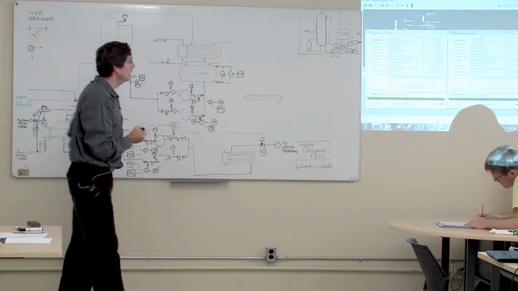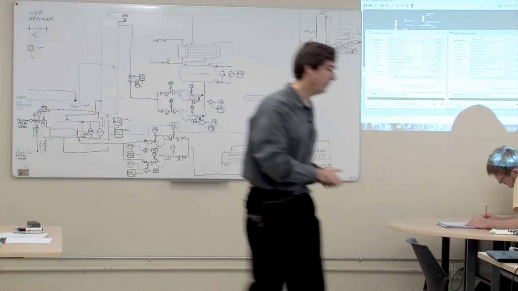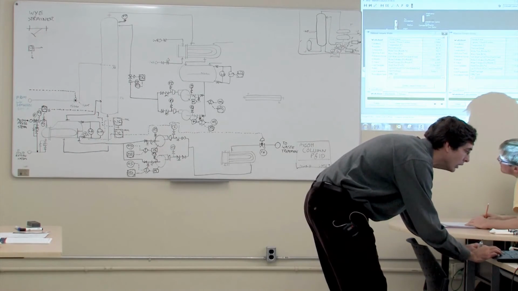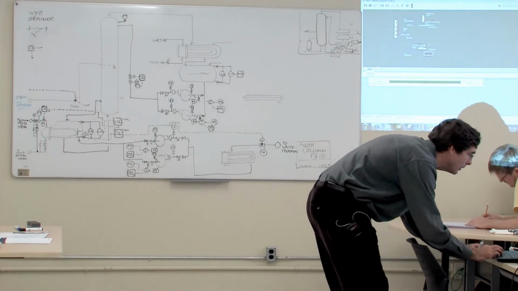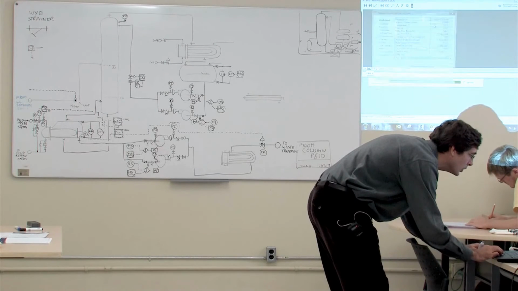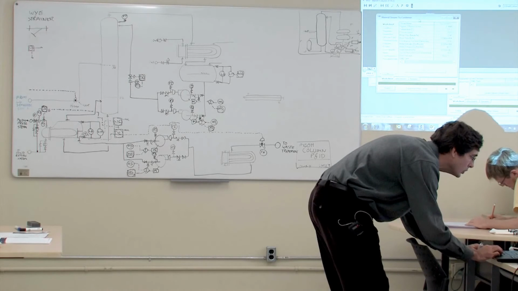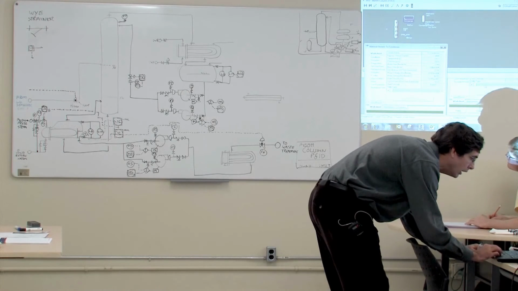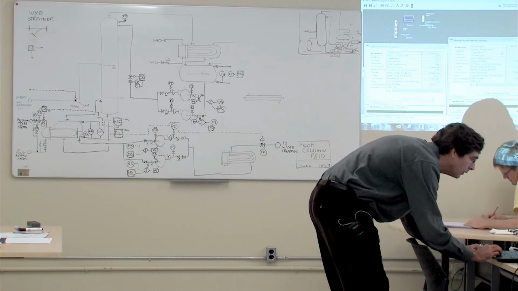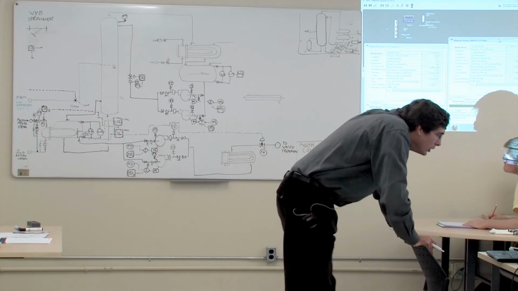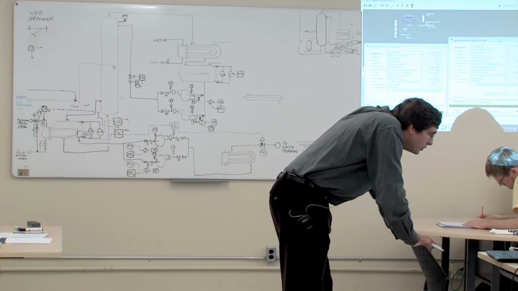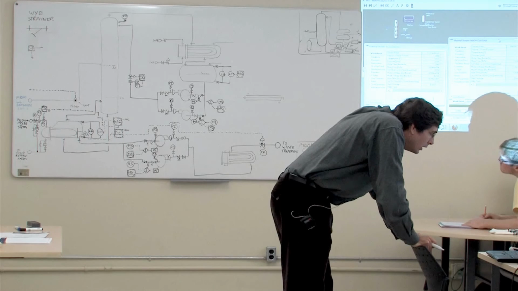And again, what you want to do now is look at the top of the tower and get a sense of what the relative flow rates are, in terms of product versus condenser flow, the flow going into the condenser. So I have 17,000 pounds an hour going off as overhead product.